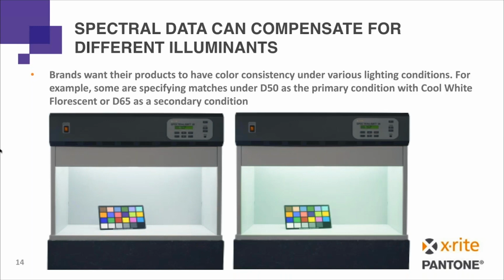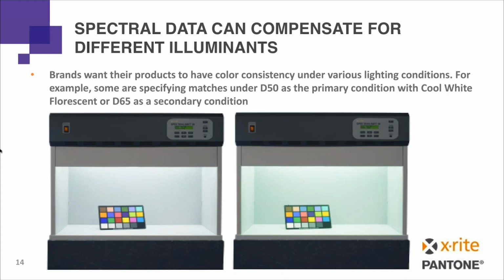And this is really critical where we're creating products that may have labels, boxes and other containers printed by different suppliers, or even by the same supplier but on different presses with different inks. They want to make sure those colors match each other on those different printing conditions under all the different lighting sources that are important to them.